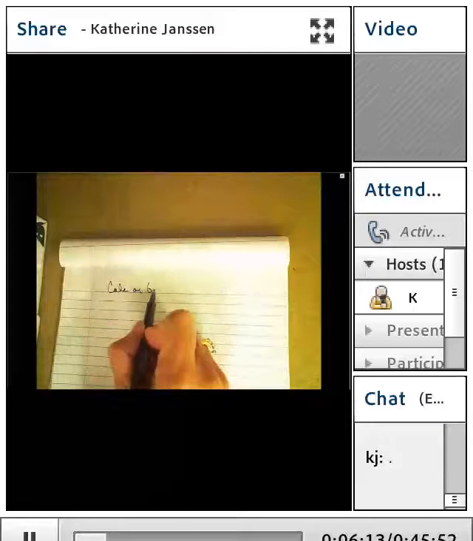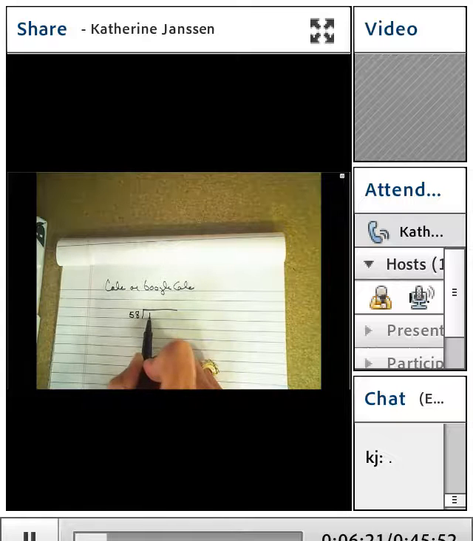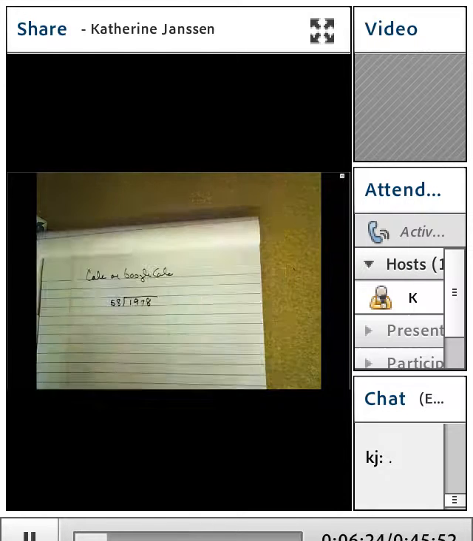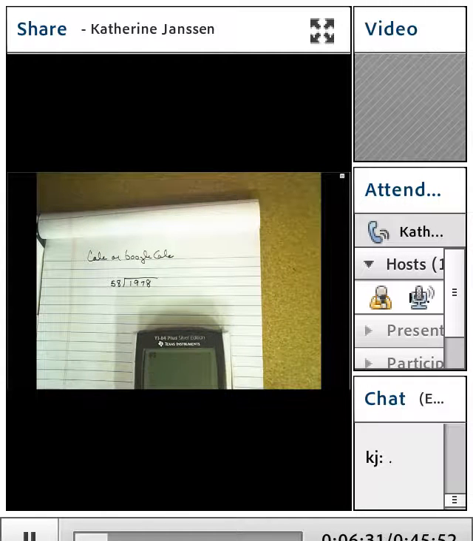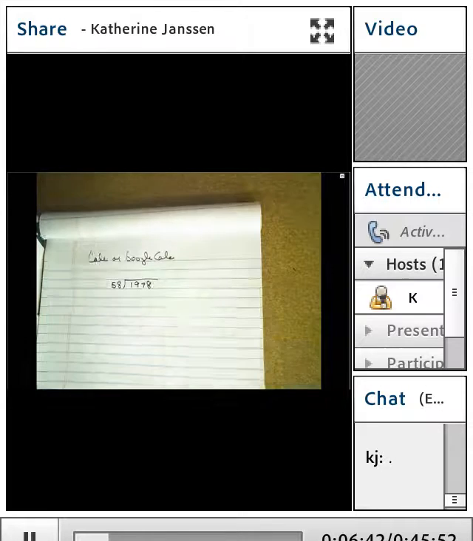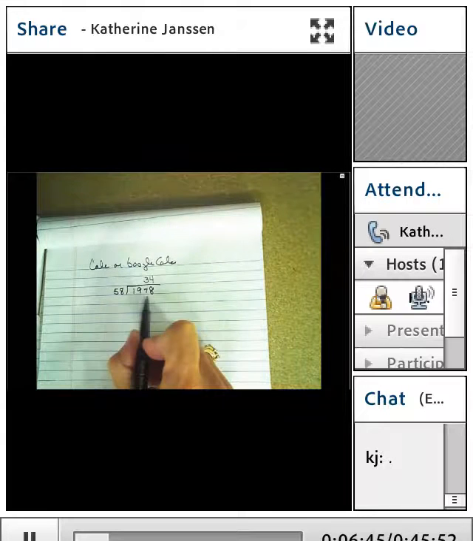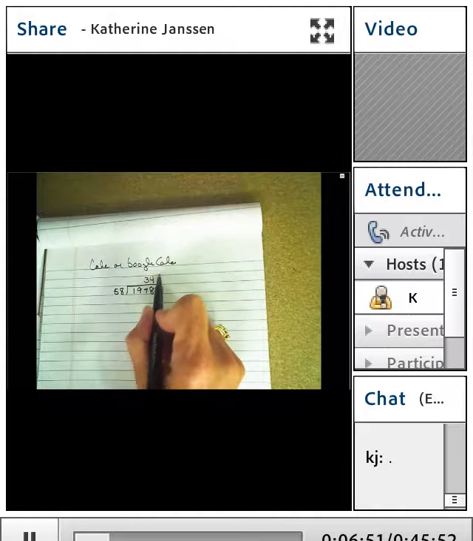And then I just want to remind you, when you're using your calculator or Google Calc, when we're dividing, 58 goes into 1,978 on our calculator. $1,978 divided by 58 is 34 point something. Your remainder is your decimal point value. So we know that 58 goes into 1,978 34 whole number times, and then there's a remainder.